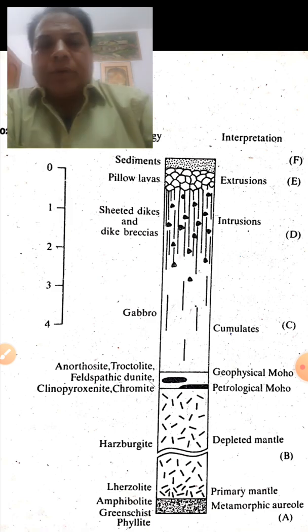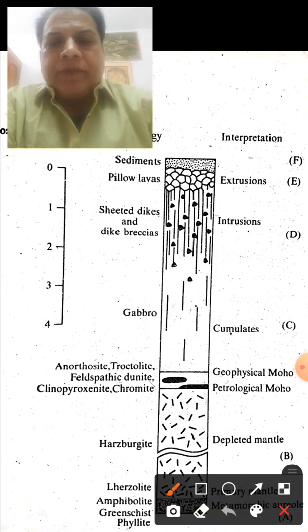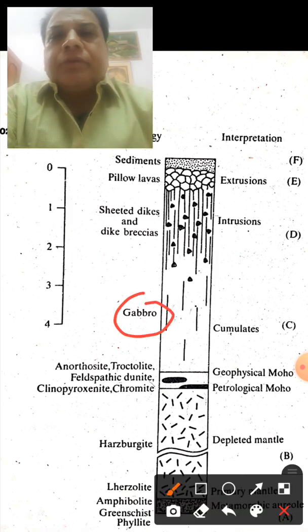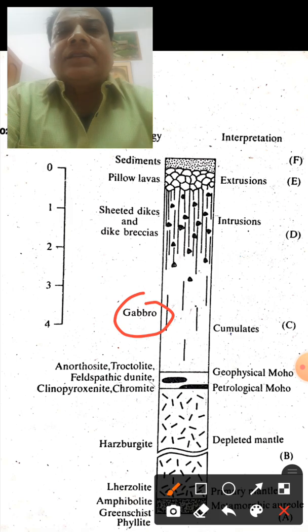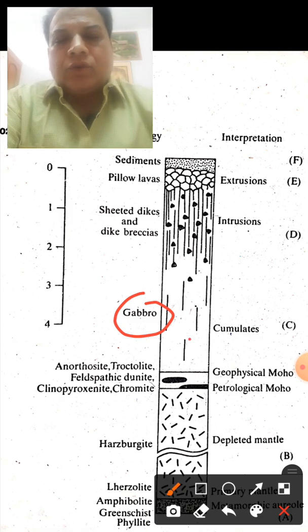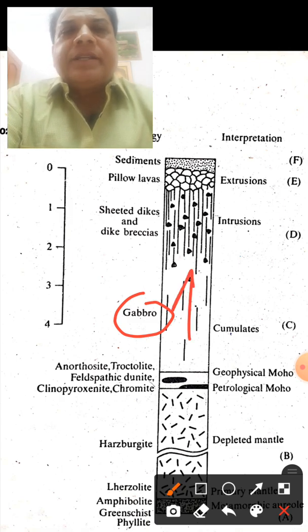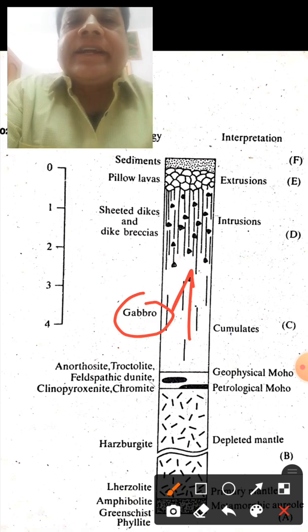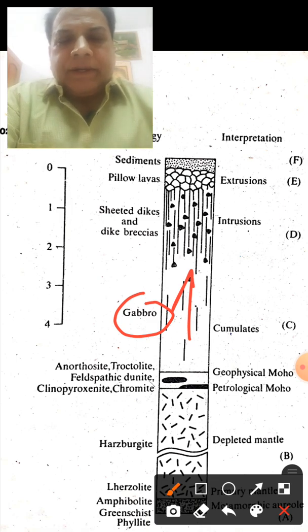So in this gabbro, the chemical analysis has shown that the ratio decreases upward, which means some fractionation has occurred.